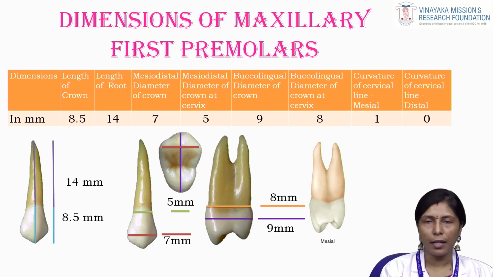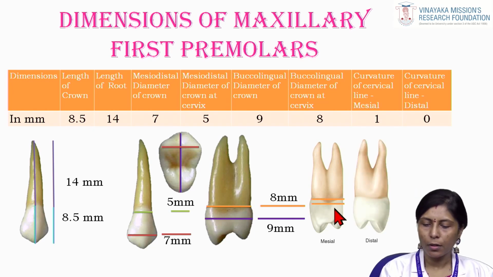Curvature of cervical line. In the mesial aspect, you can see the cervical line is curved towards the occlusal surface. So this curvature of the cervical line is 1 mm, right? You can appreciate the curvature. The distance between these two lines is going to be 1 mm. The curvature of the cervical line in the distal surface is 0. It is almost straight, more or less straight.